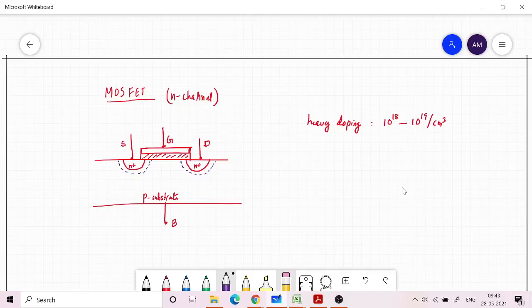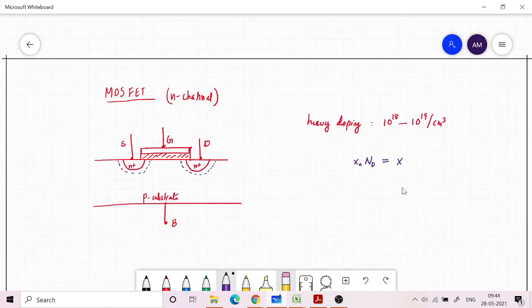So for example, in a PN junction, the P region has negatively charged ions and the N region has positively charged ions. If the width of the depletion region in the N region is, suppose, Xn, then the concentration of charge there, because it is heavily doped, is going to be equal to Nd, which is of the order of 10 raised to 18 or 10 raised to 19, and this should be equal to the negative charge in the P region.